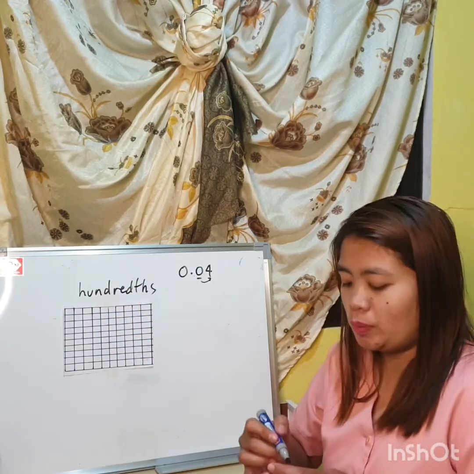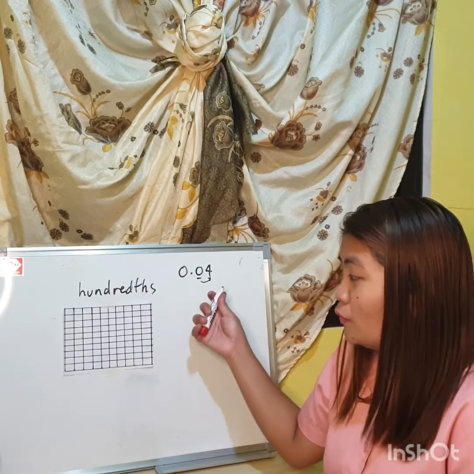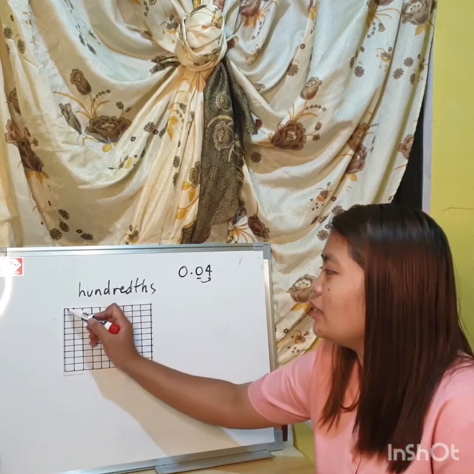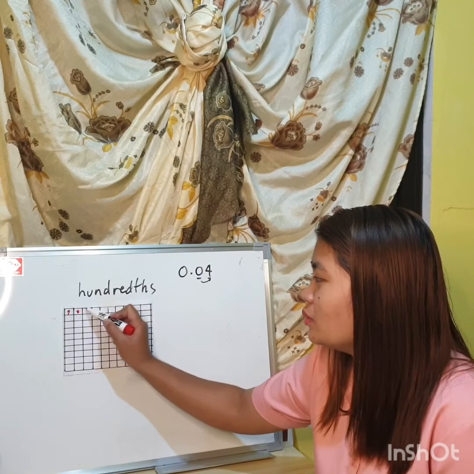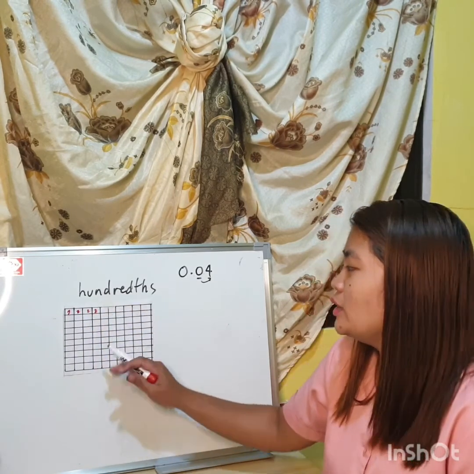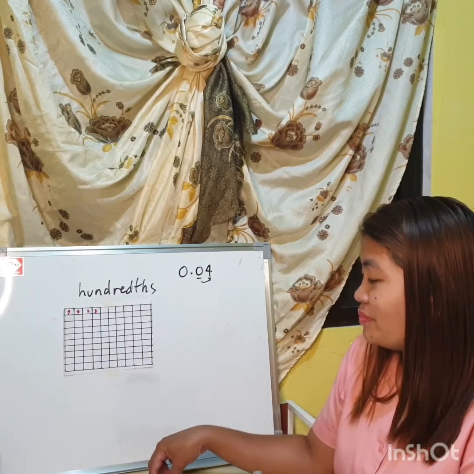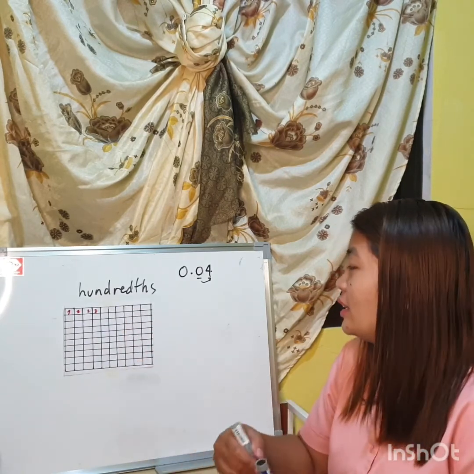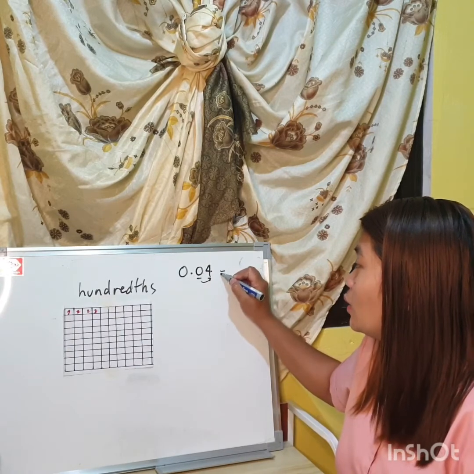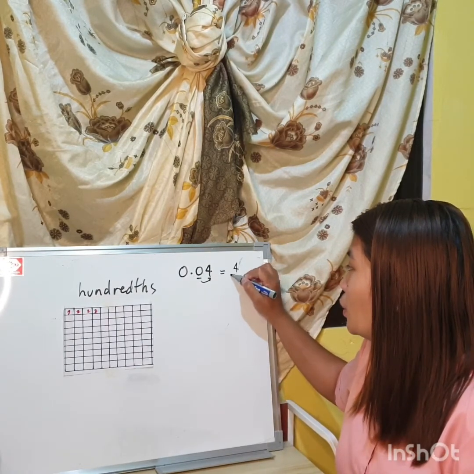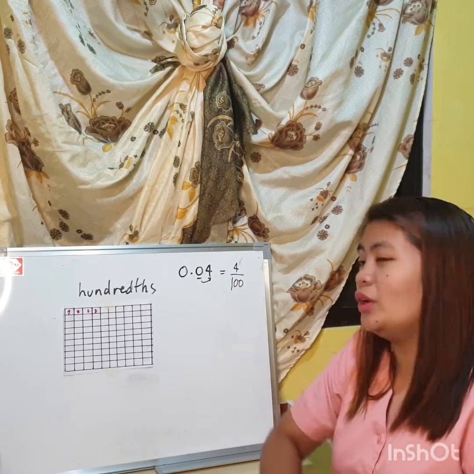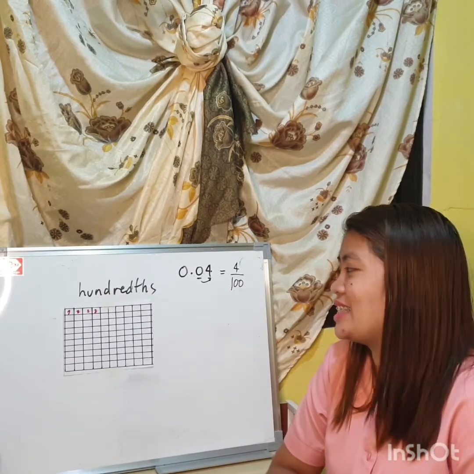Okay? So, paano natin ipakikita yung 4 hundredths? So, atin lang pong i-shade yung apat na part. 1, 2, 3, and 4. So, itong kabuuan po nito is 100. Kaya, hinati po siya sa 100. Kaya yung 4 hundredths, it can also be written as 4 all over 100 or 4 hundredths.